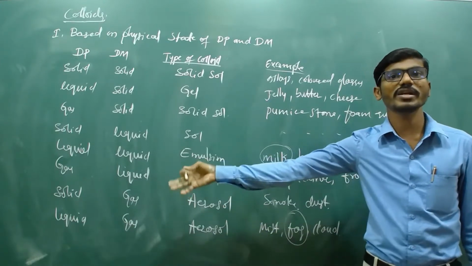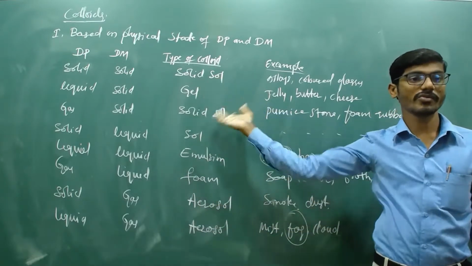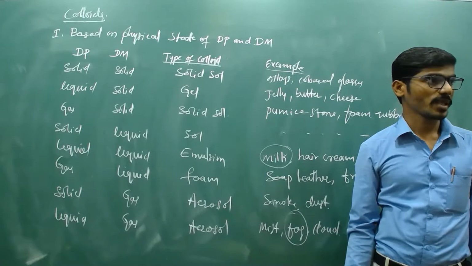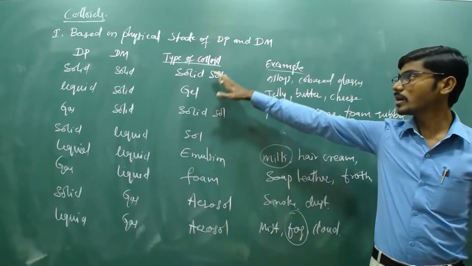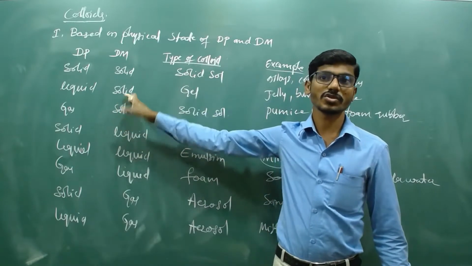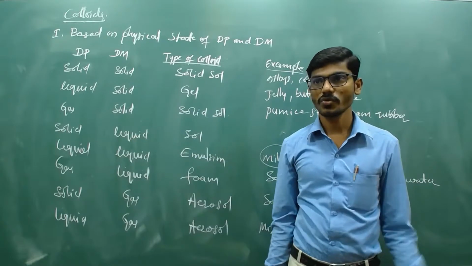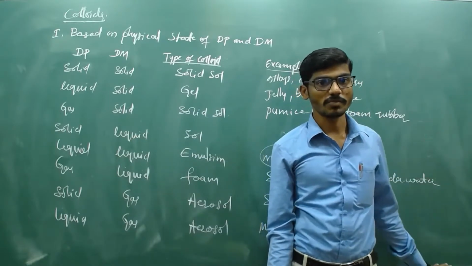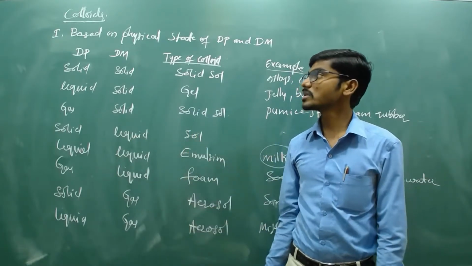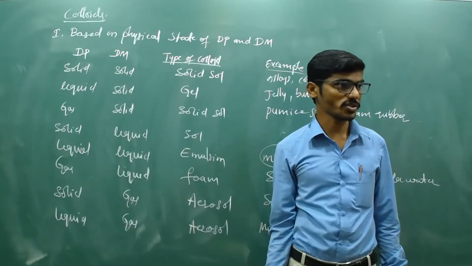Liquid is dispersed in gas, or gas in liquid, solid in liquid, or liquid in solid, etc. It is the same table we studied in the solution topic, types of solution: solid, liquid and gaseous solutions, with particular examples. This is the first classification, based on dispersed phase and dispersion medium.